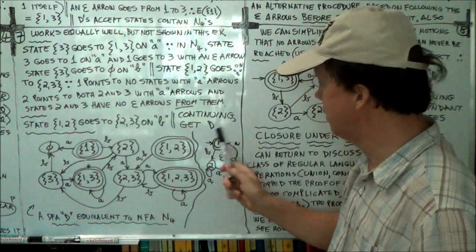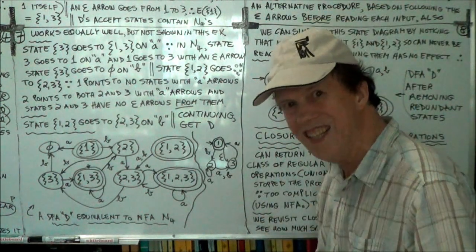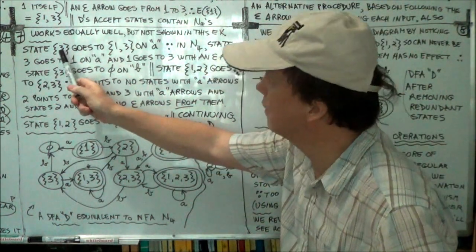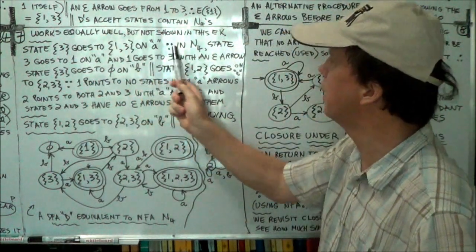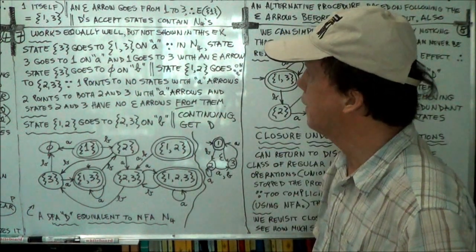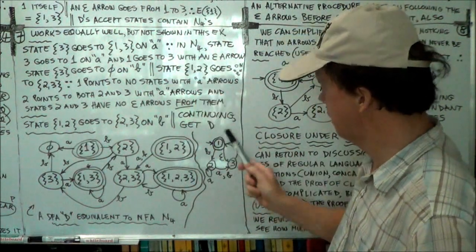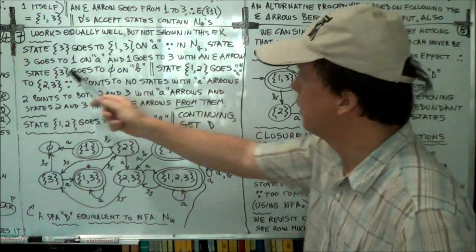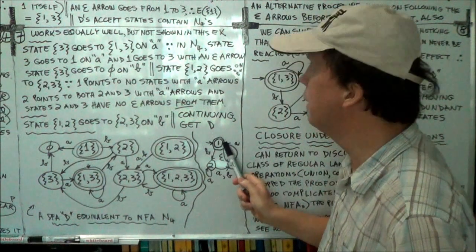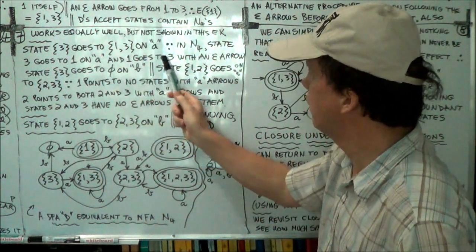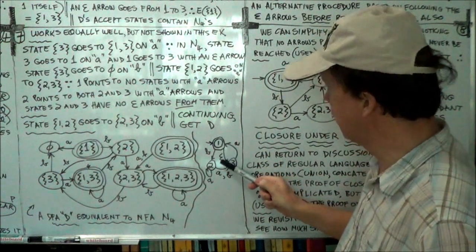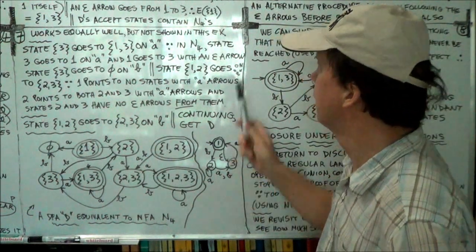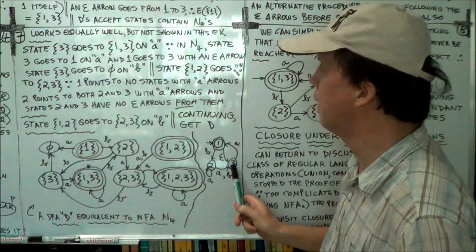So the state of the D, the set of 3, will now change to this 1, 3 on A. Because in the NFA, 3 goes to 1 on A, and 1 goes to 3 with the eta arrow.